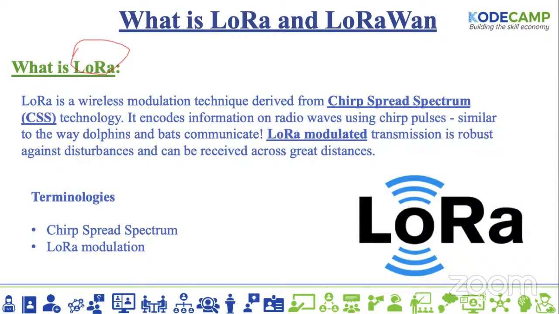A chirp is a sinusoidal signal whose frequency increases and decreases over time, sometimes with a polynomial expression between the time and the frequency.